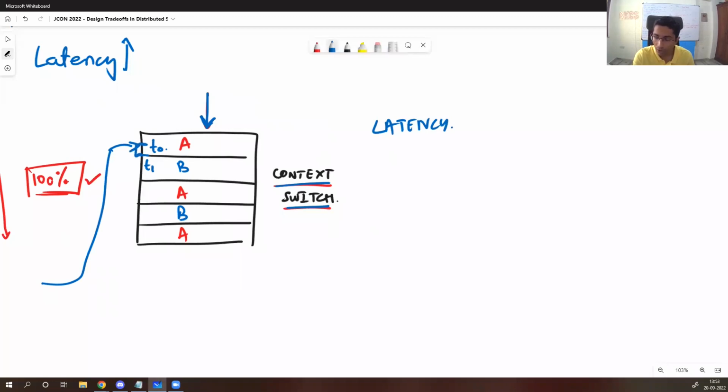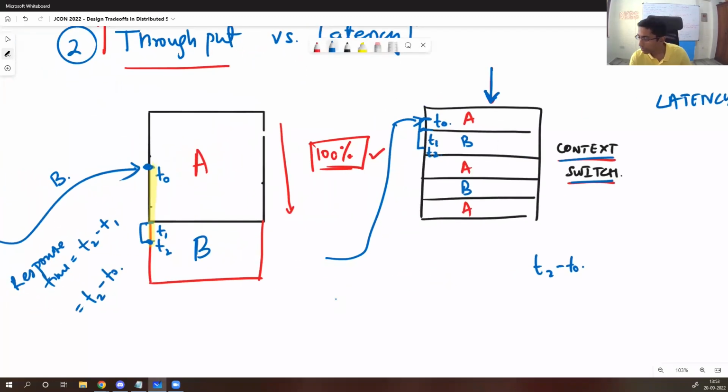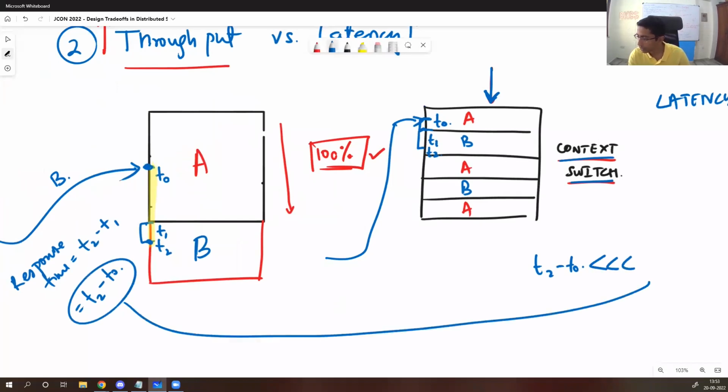This gap is really small. And then you have some time to respond to the request, which is T2. So T2 minus T0 in this case is much smaller than the case over here, because you're doing context switching, because you did not wait for all this time for A to finish.